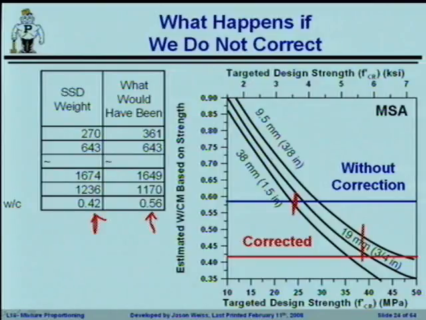So we assume that they're in a saturated surface dry condition, where in reality, if you throw in an oven dried aggregate, it won't quite get to saturated surface dry by the time the concrete sets. But that's an assumption that we make here. You could do other calculations if you wanted to get it even more precise, but that's sort of the accepted calculation. Okay, does that sort of answer the question?